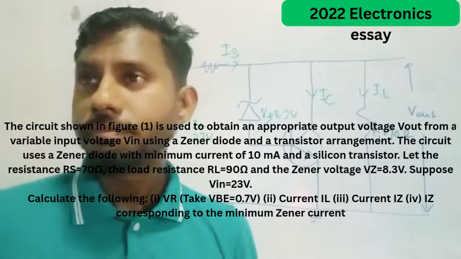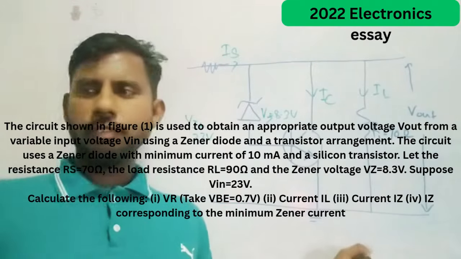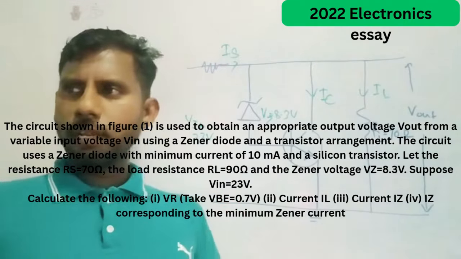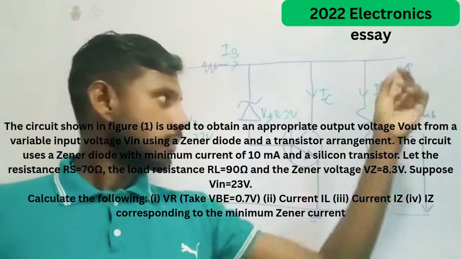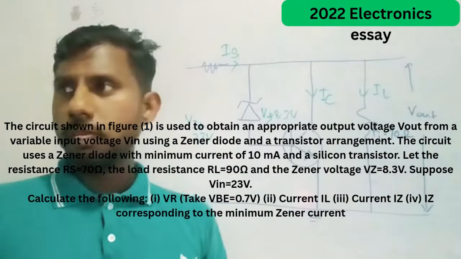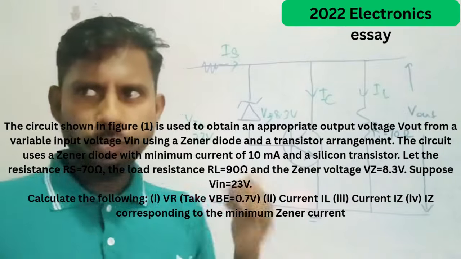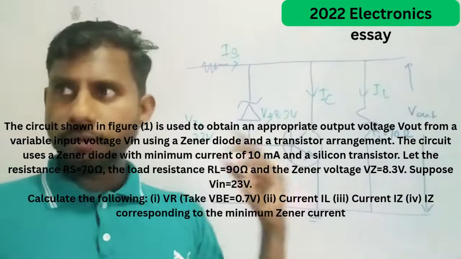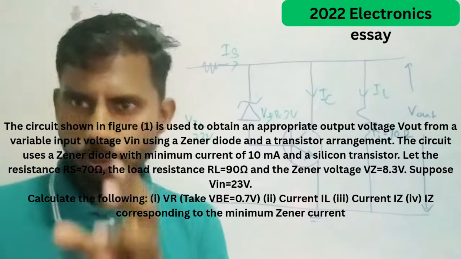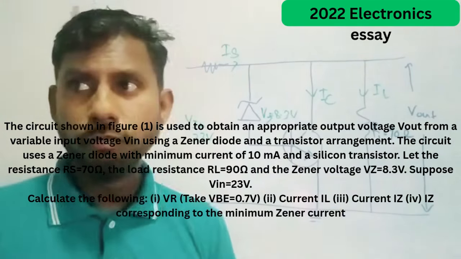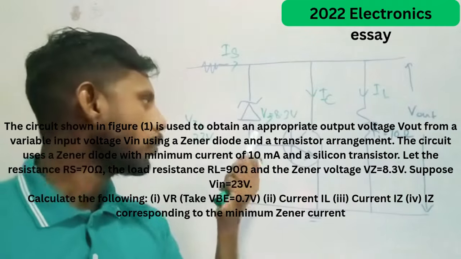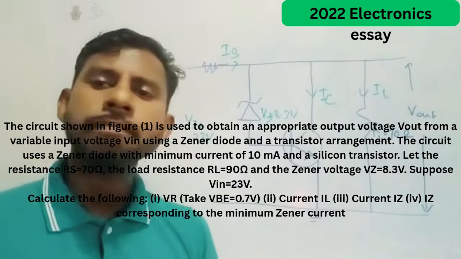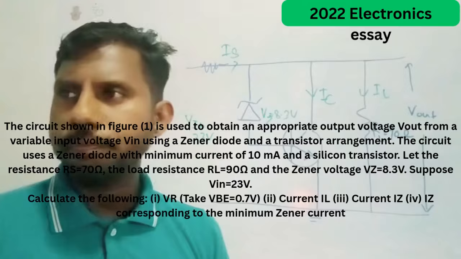Let's read it. The circuit shown in figure 1, this is the figure 1, is used to obtain an appropriate output voltage Vout, this is the Vout voltage, from a variable input voltage Vin using a Zener diode. This is the Zener diode and a transistor arrangement. The circuit uses a Zener diode with minimum current 10 milliampere. So the minimum current that can go through this is 10 milliamperes.